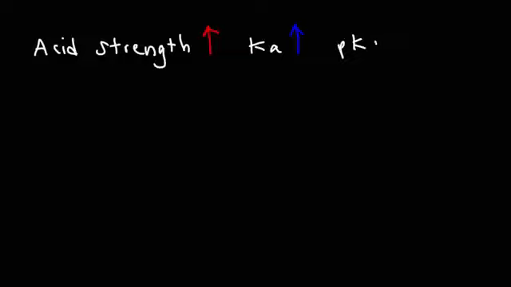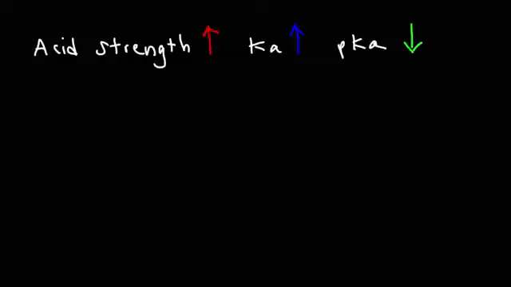Now let's talk about acid strength. I've covered this in some other videos, but nevertheless, it's a good concept to review. Acid strength increases with increasing Ka values. So if you have two acids with two different Ka values, the stronger acid is the one with the higher Ka value. Acid strength is inversely related to pKa.